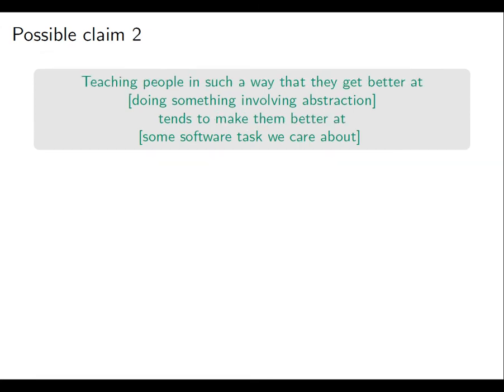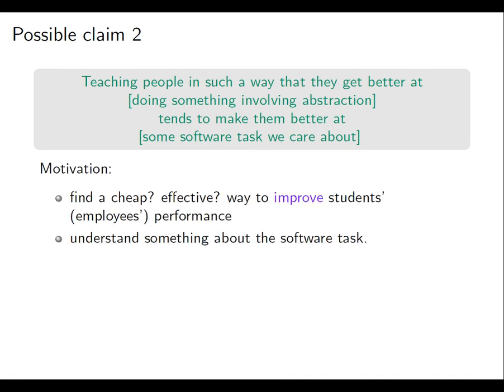Here's a different possible claim. We might want to claim that teaching people in such a way that they get better at doing something involving abstraction tends to make them better at some software task we care about. Now notice that that's different from just saying that these abilities are correlated. And we might have a different motivation.